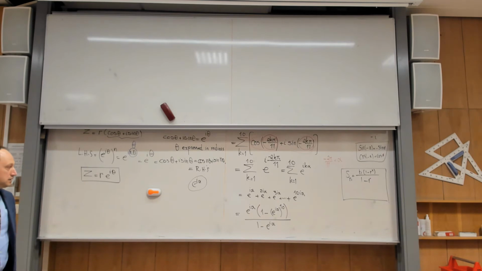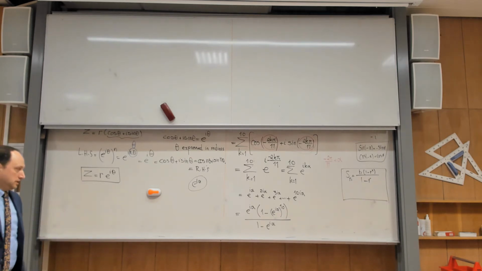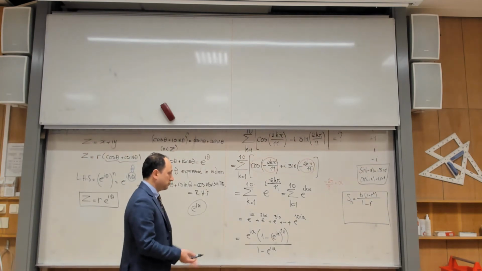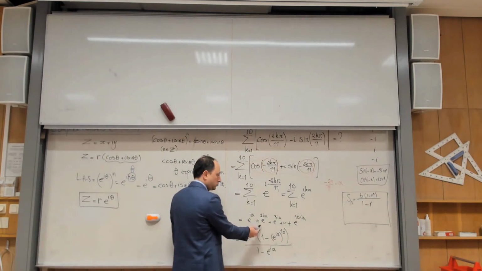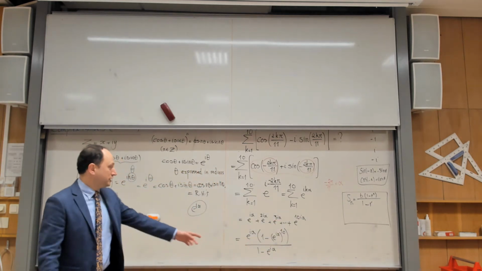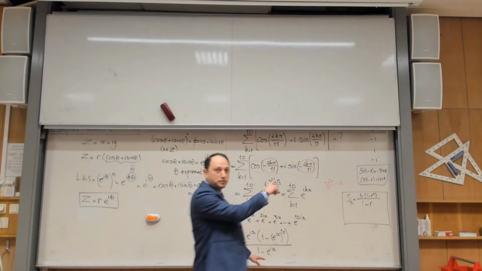So at least I succeeded to sum them up. It's a closed formula. Do you remember what I mean by closed formula? Something equal to that one without these dots. That's a closed formula. But of course, it is far away from the answers provided.